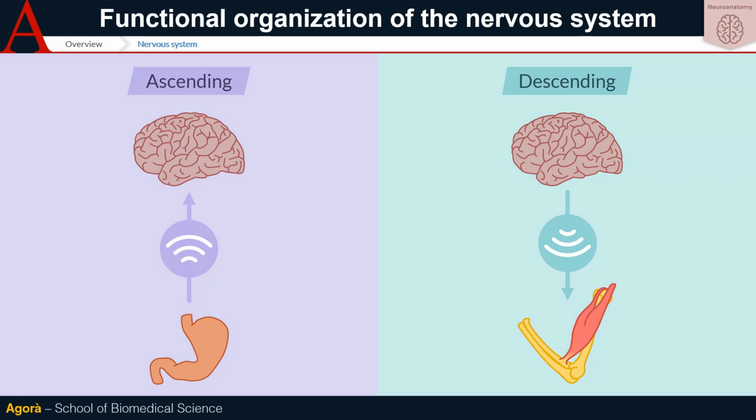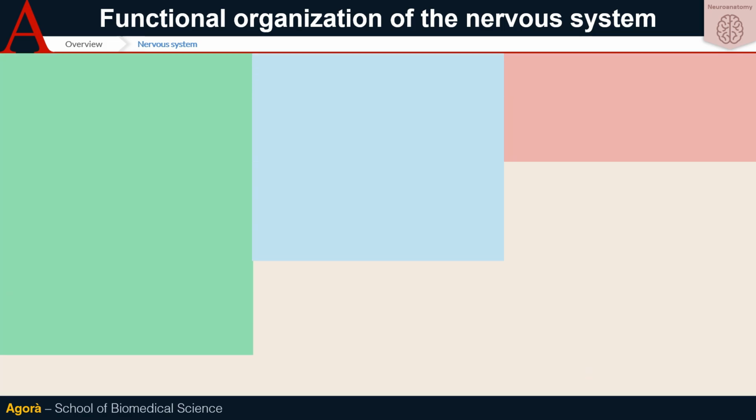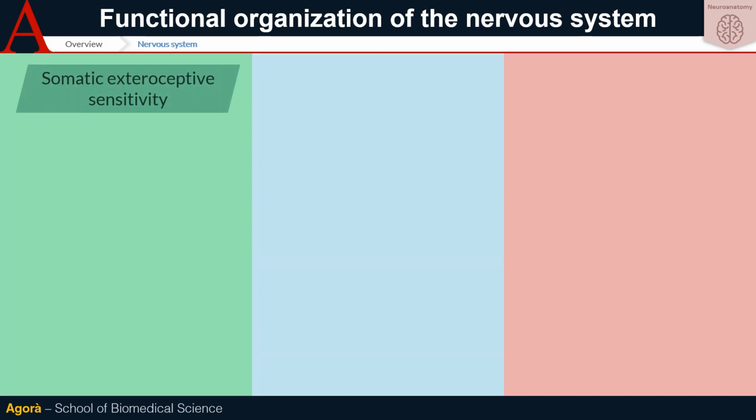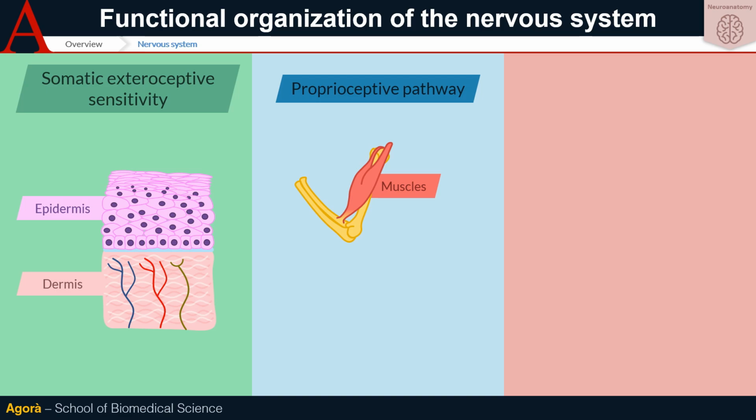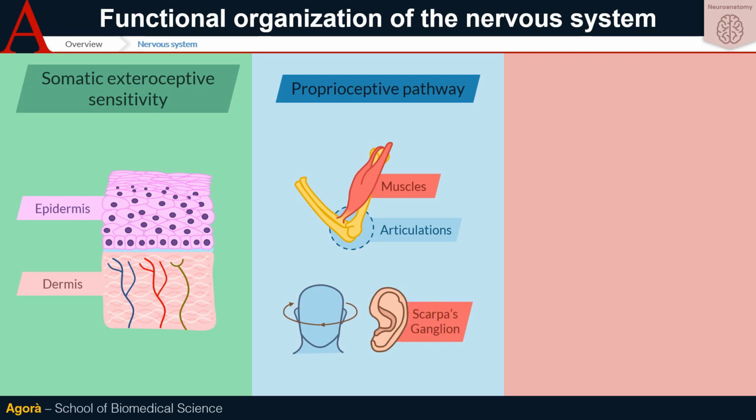In detail, we can see these sensory tracts can be divided into the pathway of somatic exteroceptive sensitivity, which collects stimuli from receptors in the epidermis, dermis, and mucous membranes near the skin. The proprioceptive pathway, which perceives the tension of the muscles and the variation of the articular joints. A particular type of proprioceptive sensitivity is the kinesthesia, which perceives the head movements and their speed.